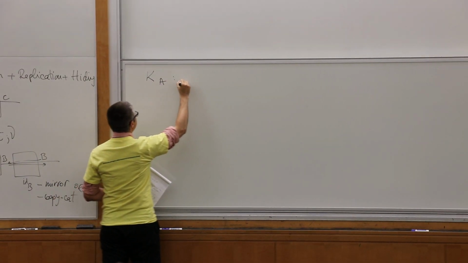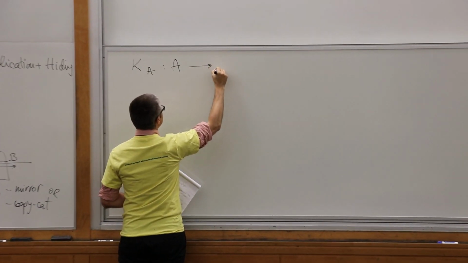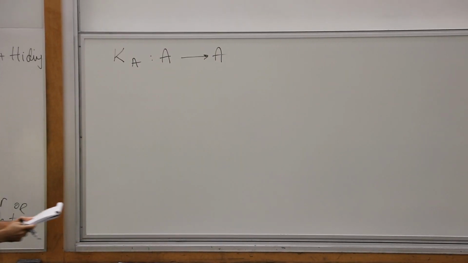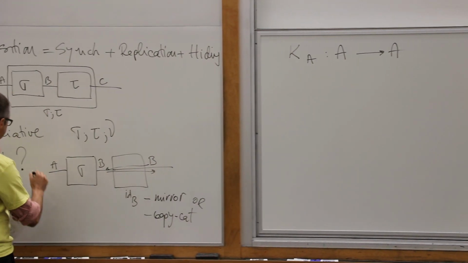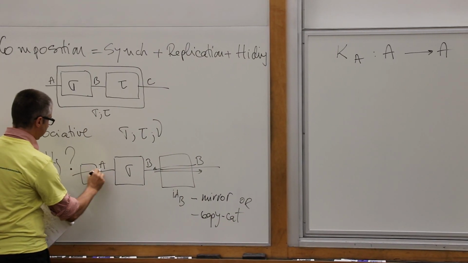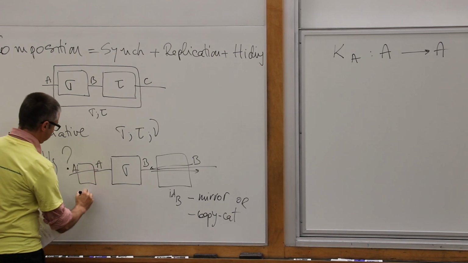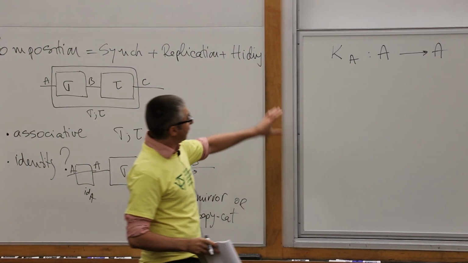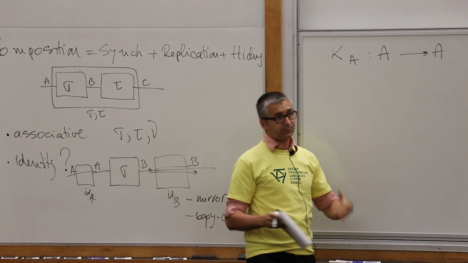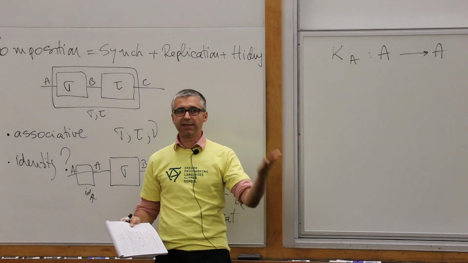On an arena A, it's from A to A. Because I have two copies of A, I can have an identity both on the left and on the right. So if I have two copies of A, I have to distinguish between them.